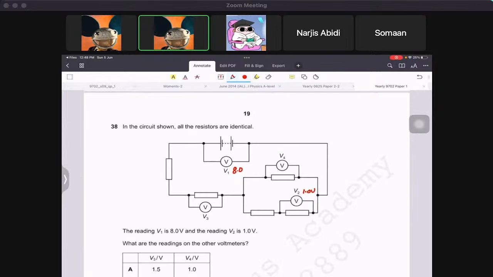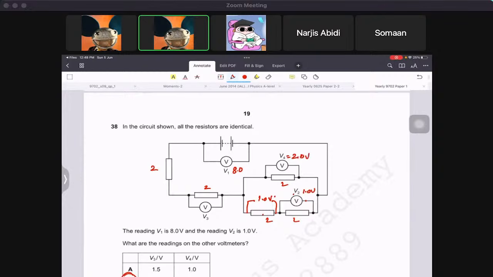Let's think about it. All the resistors are identical, so let's take 2, 2, 2, 2, 2. If this is 1, this will also get 1, because they will divide equally. This means that 1 plus 1 will get 2 volts total, right? So V4 is 2, and that should be the answer then.